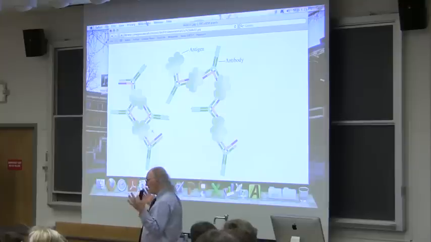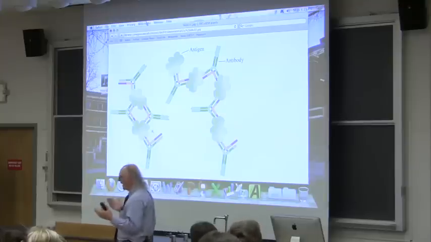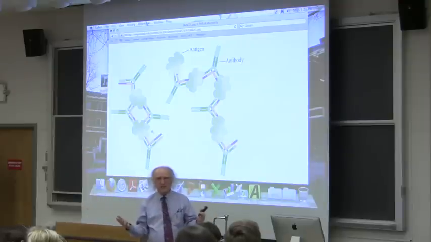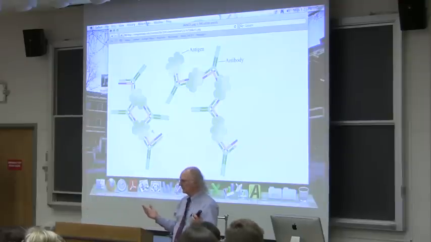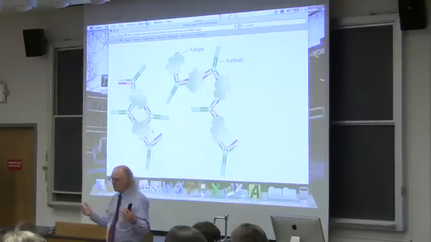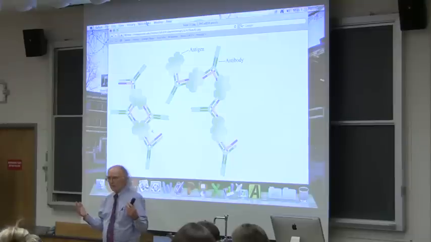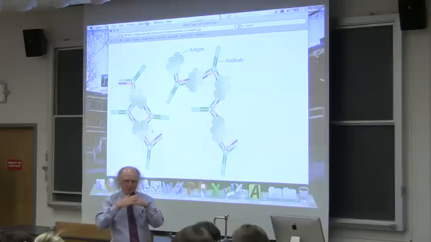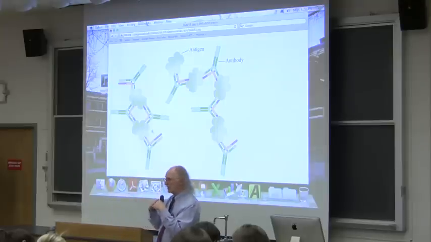What immune system cells are doing is they're actually evolving antibodies as you're sitting here listening to me. They're doing this by two primary means. One is they're rearranging their DNA to position exons around each other in different ways.